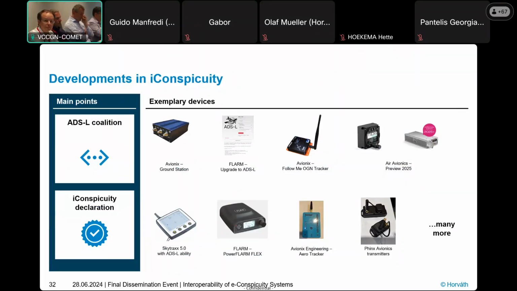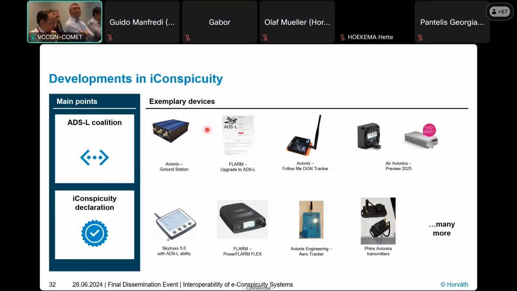We had the so-called ADSL coalition, so manufacturers developed new and upgraded systems to integrate ADSL. Here you see some examples of the manufacturers, and it's not complete. Even this is not intended to be a recommendation. So you see here the ground reception solutions with integrated ADSL for building up ground networks, as well as the update for the FLARM software with ADSL.